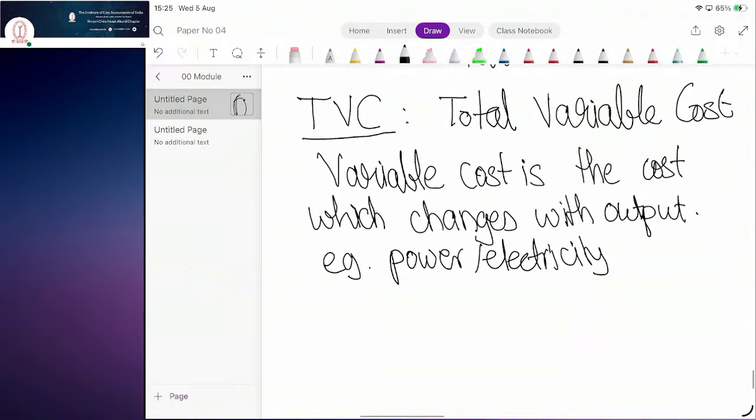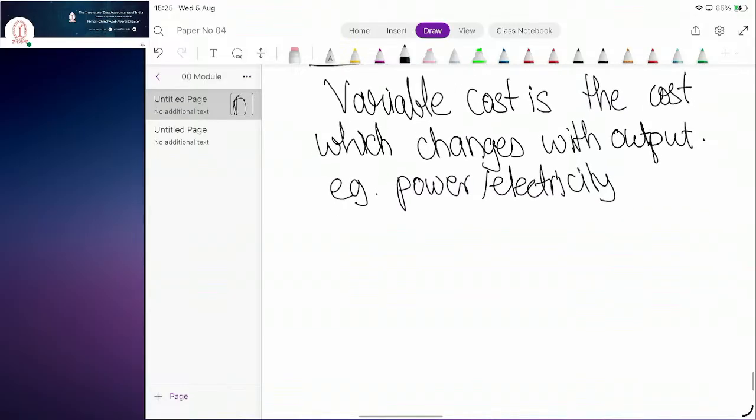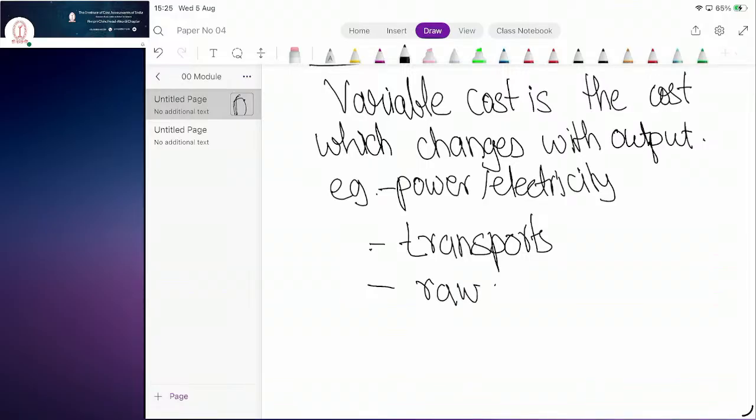What expenses? Okay, yes, transport expenses may be linked with this. More the production, more the transport cost. Yes, very good. Any business you can think of, the raw material will be an example of variable cost.